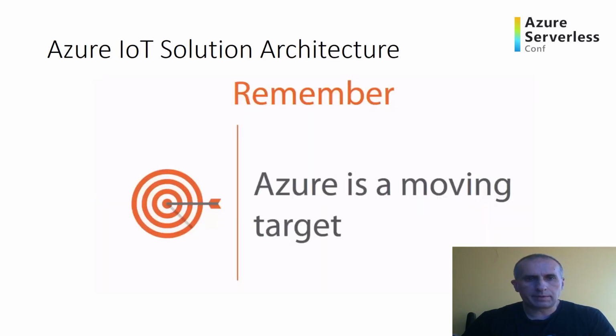Also, you should remember that Azure is a moving target. That means everything which we discuss now can be changed and can be improved during the next months and years. So everything in this presentation is actual for the current moment. But probably in the future it could be obsolete because Azure is growing and there are new and new features and new ways of developing applications.